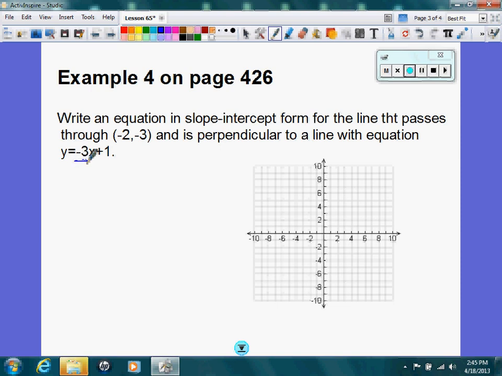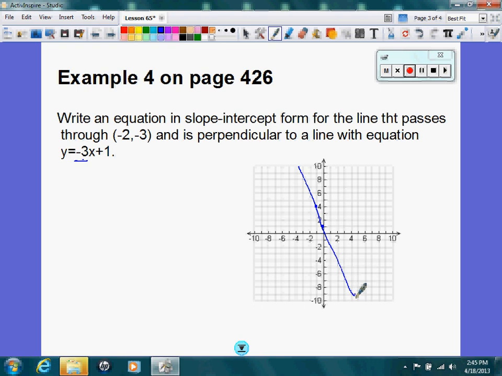It's -3. And what does this number represent? The y-intercept, so we move up 1 and put a point, and then with a slope of -3 we go up 3 and over 1, so our line would be like this.